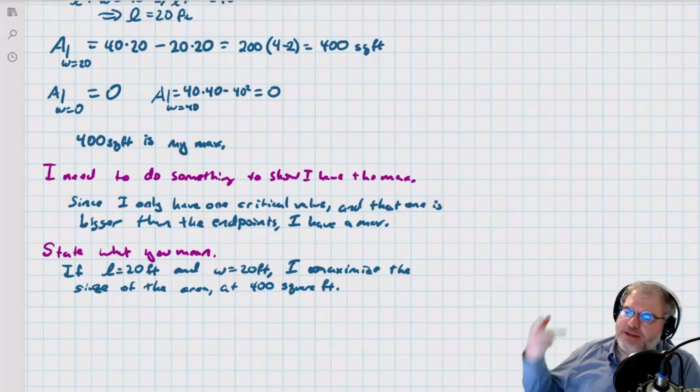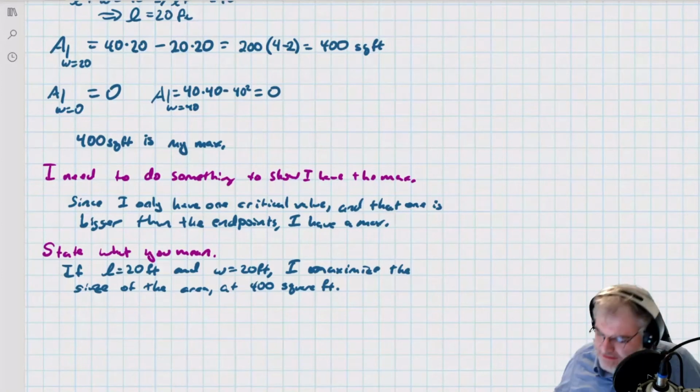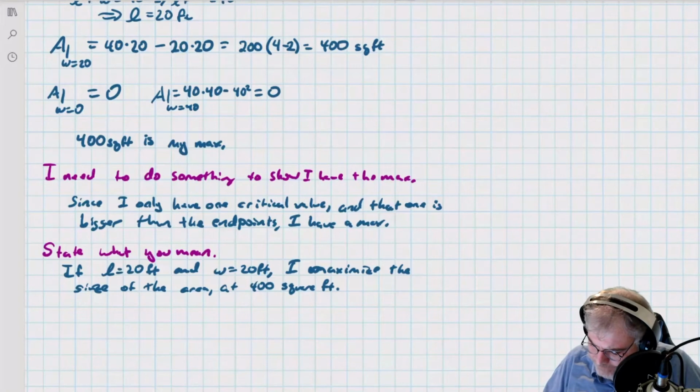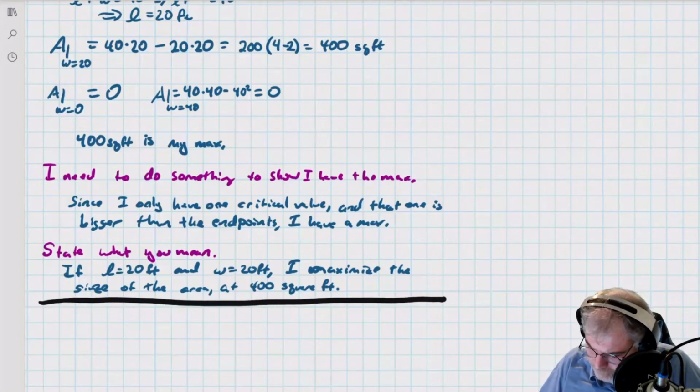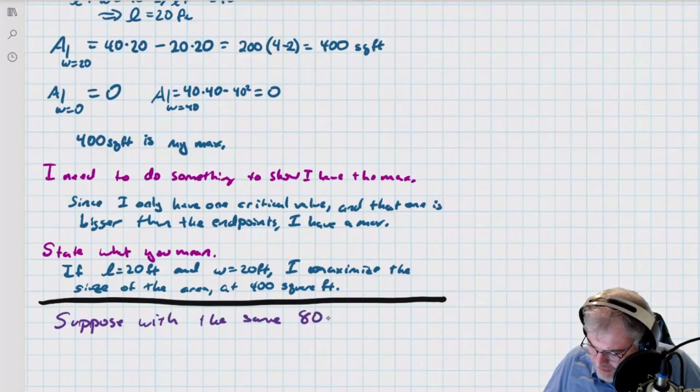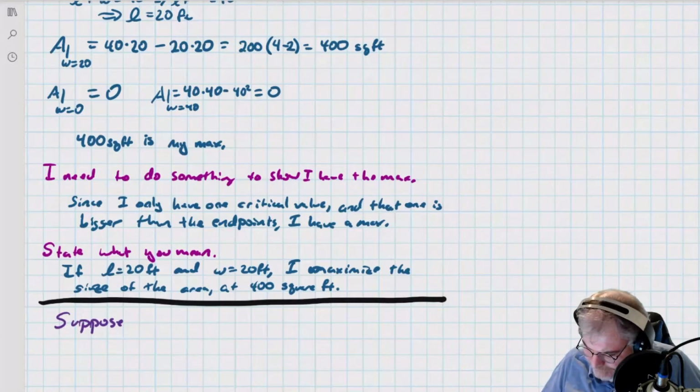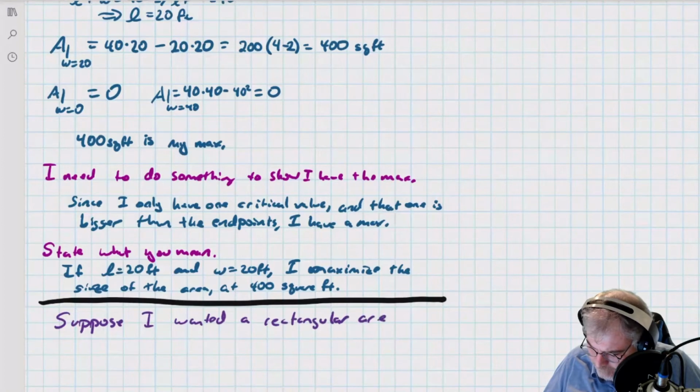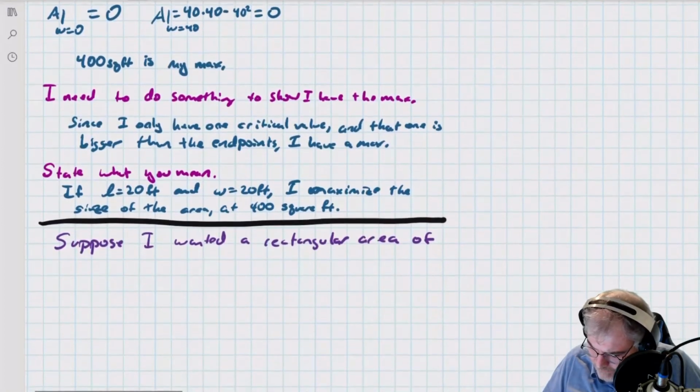Okay. Well, there's a flip side to this. Suppose instead I wanted to minimize. So, new problem. Suppose, with the same, suppose I wanted a rectangular area of 400 square feet.